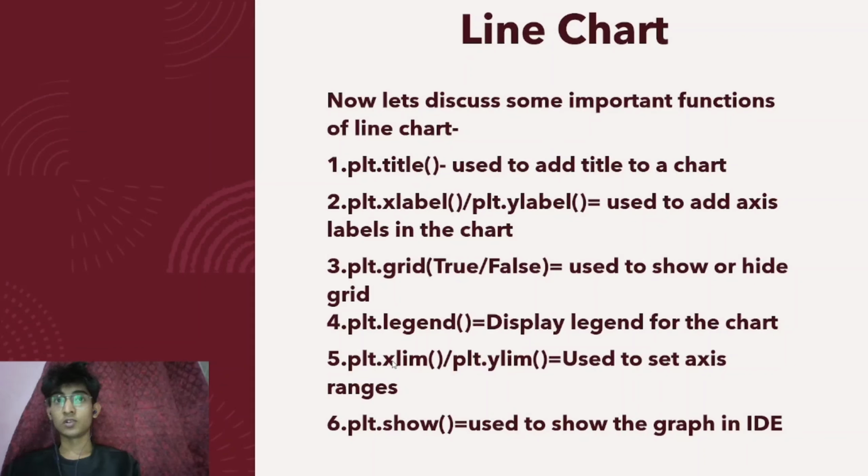Okay. So let's say I have to set the ranges as 1, 9, 19, and 29, 39. So we can mention it in list form in xlim or ylim. And then finally plt.show, which is used to show the graph in the IDE. We'll discuss it in the later part of the video.